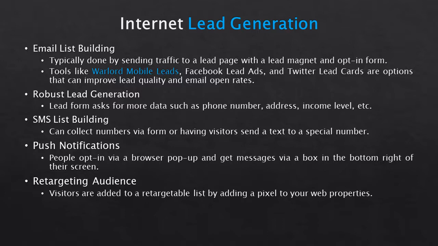From that point forward, you'll have the ability to place your ads in front of these people almost anywhere on the web. This includes on social platforms like Facebook, Twitter, and Instagram, video sites like YouTube, and virtually any website, news site, blog, or forum that participates in any of the major online ad networks. This is a very valuable form of lead generation because retargeted traffic has been shown to convert at a 70% higher rate than cold traffic.